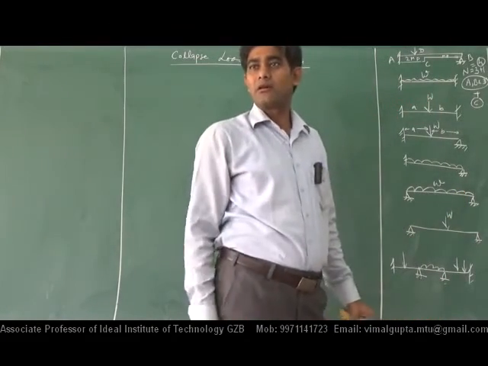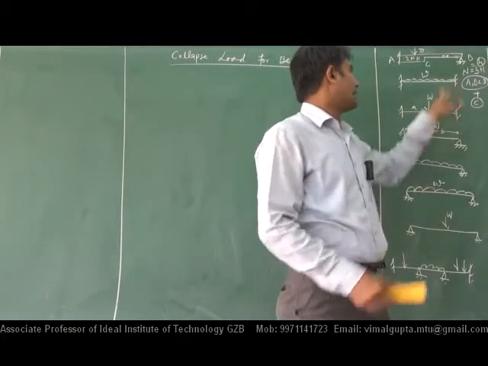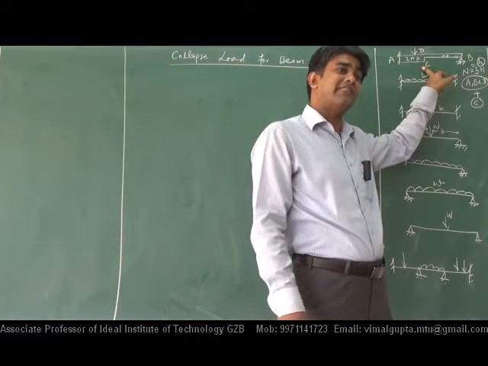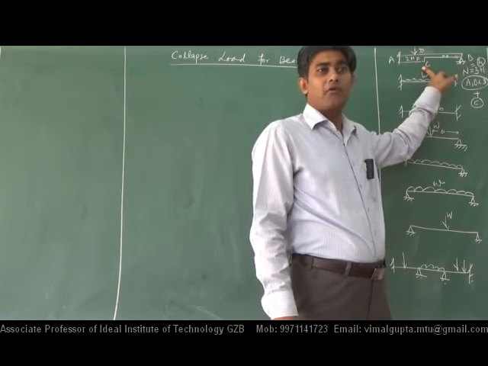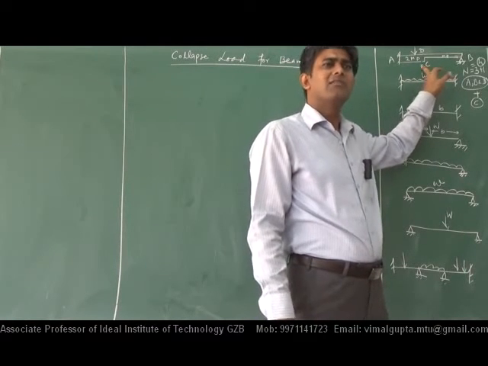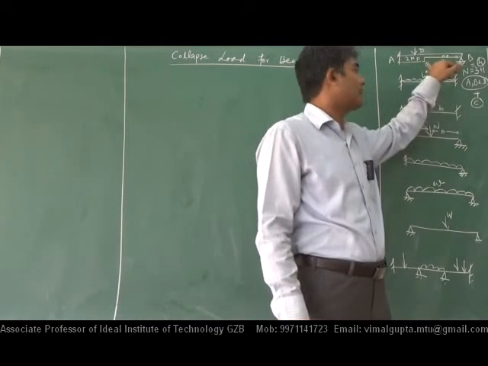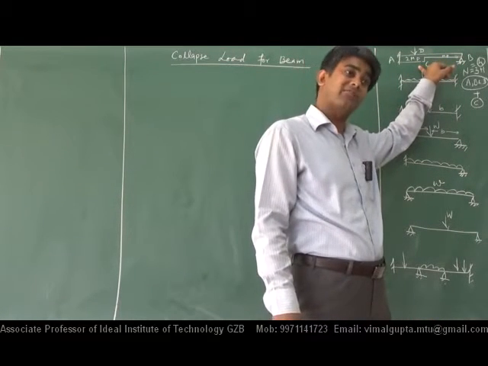If change of cross section is there, then at the point where the cross section is changing, there may also be the possibility to form the plastic hinge. Why? Because the bending moment will be maximum. If you plot the bending moment, then definitely you will have the peak at point C also.